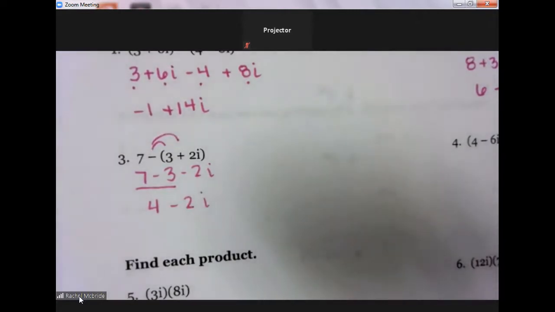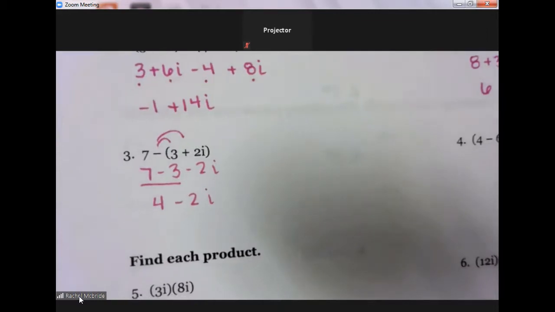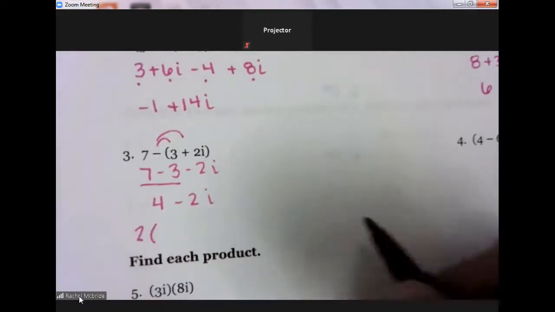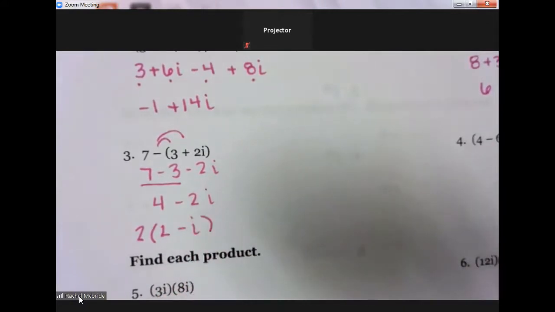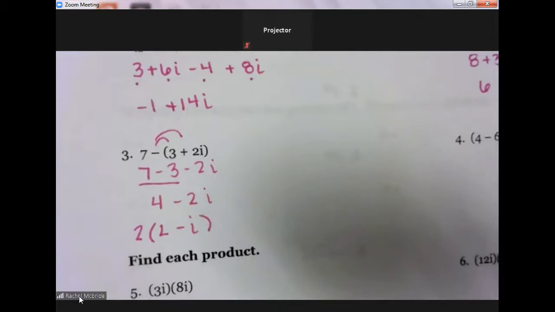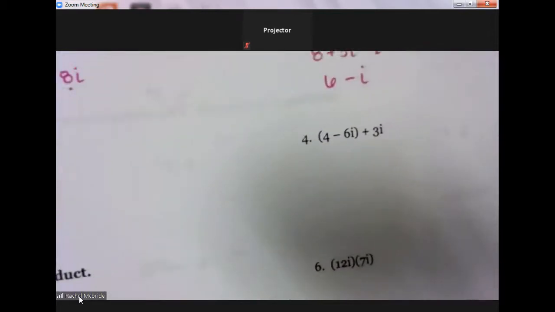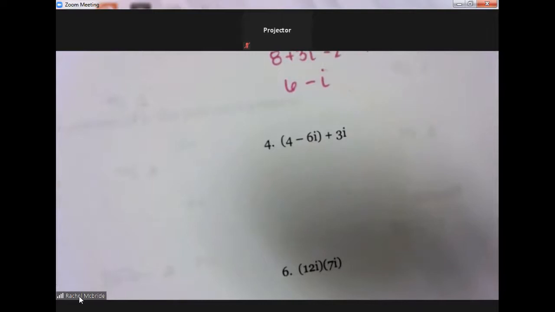If I ask you to take out the GCF, what's the GCF of 4 and 2i? 2. So if you factored it out, you'd take out a 2, and that would leave you with 2 minus i. Only because I don't want you to forget how to factor, because we are going back. Not right now, but coming up.